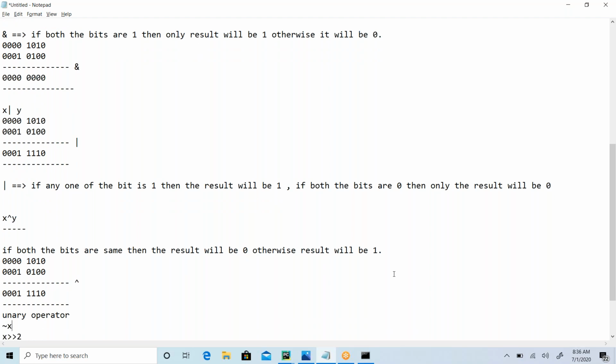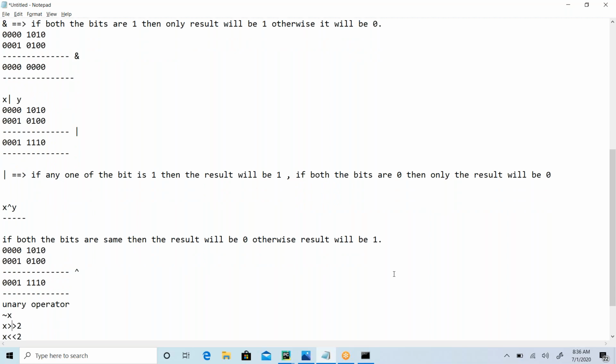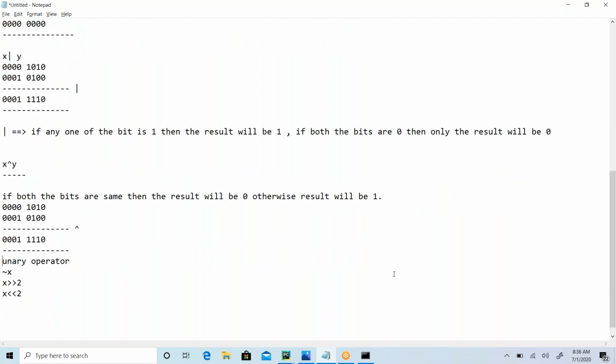Now the question is, in a real-time environment, where do we use bitwise operations? In regular web application development, we don't use them in general. But when you are working with chip-related product development, when you are developing operating system level applications, or when you are implementing security things, there the bitwise operations are more helpful.